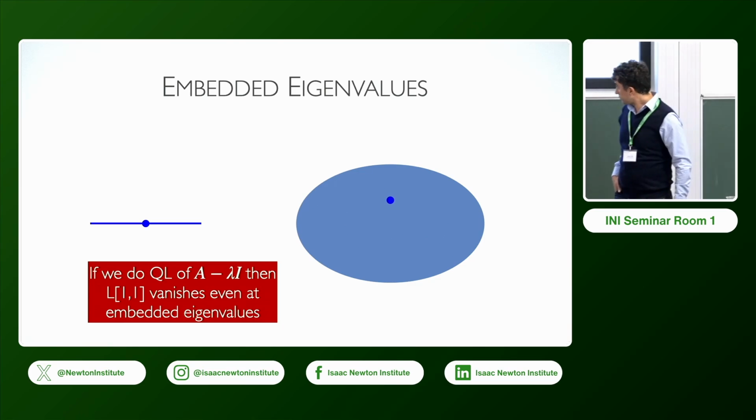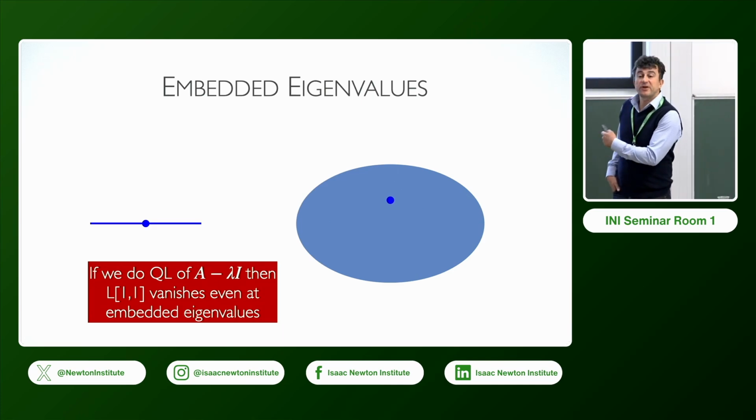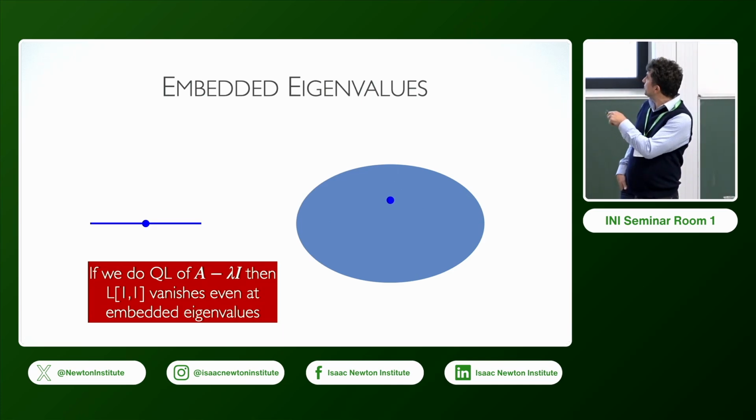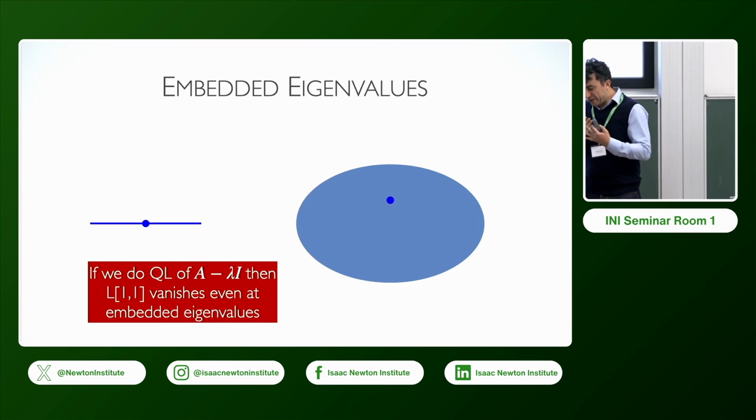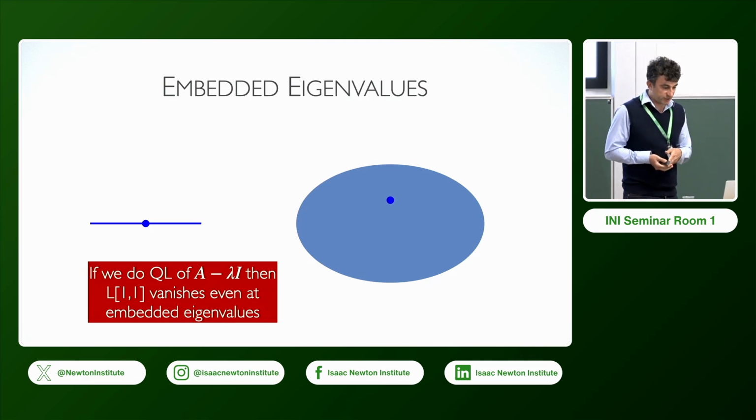Where the infinite QL, we'll see some examples at the end of the talk, allows us to sort of peek inside the continuous spectrum and compute eigenvalues that are embedded. And we need to be able to work with infinite dimensional factorizations in order to do this successfully.